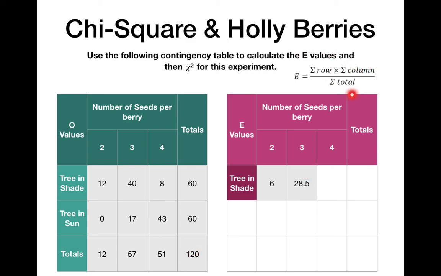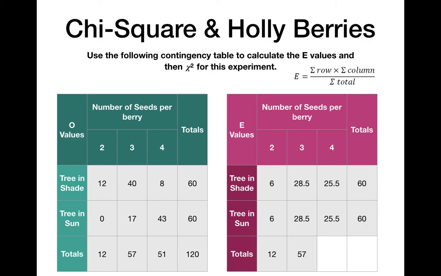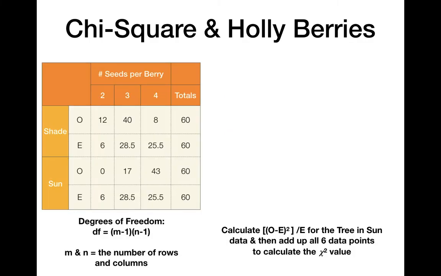I'm just using this formula. Okay, 51 times 60 divided by 120 gives me 25.5. And there's my total for that row. The same thing for the tree in the sun, and the total is the bottom again. So now I have my observed values and my expected values, and I can do chi-squared.